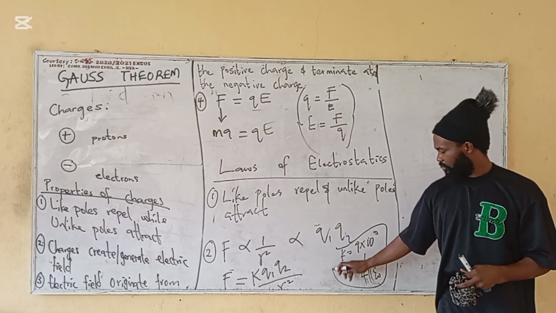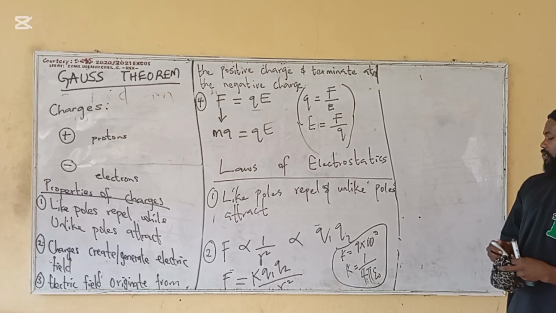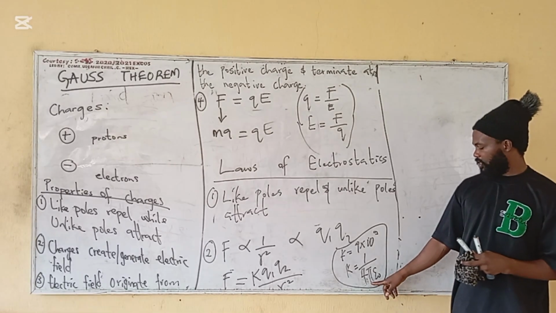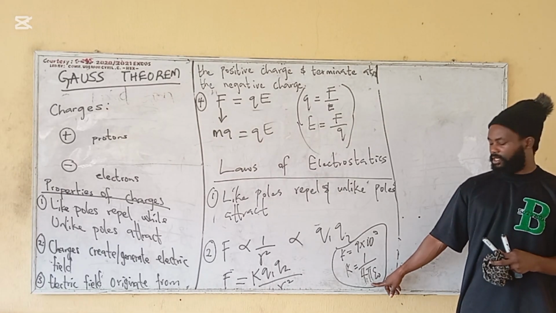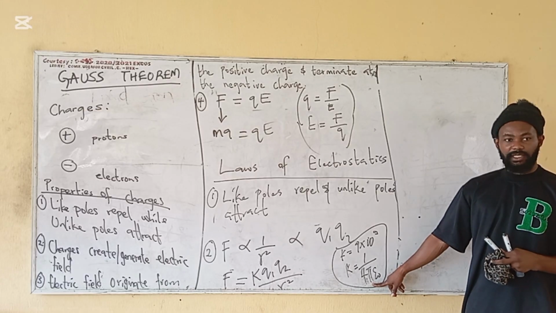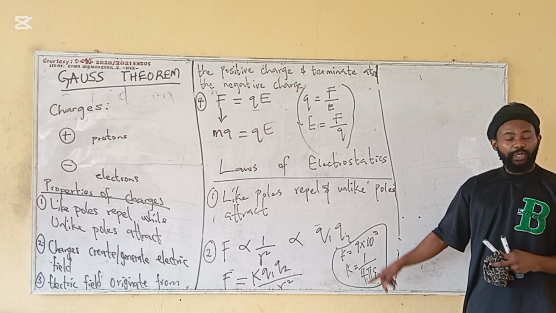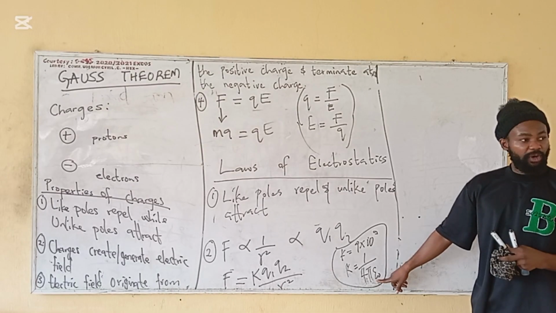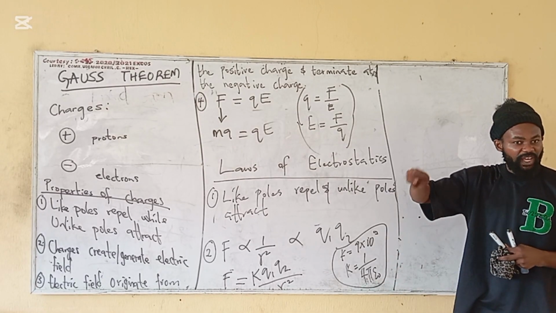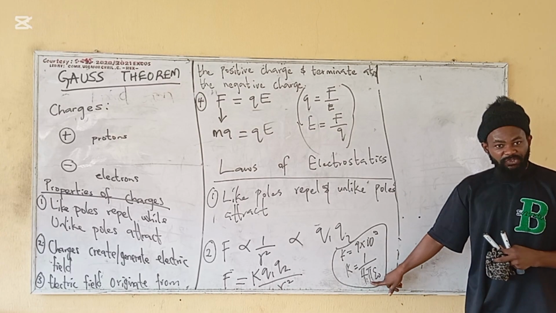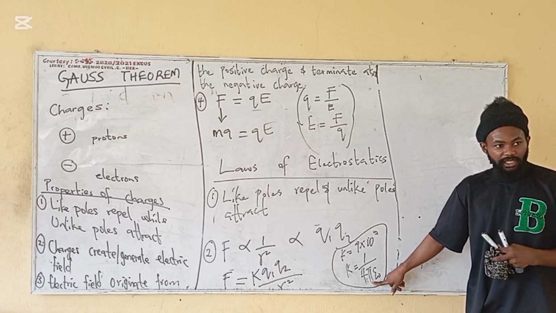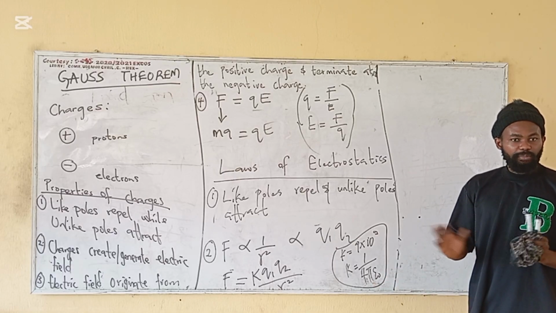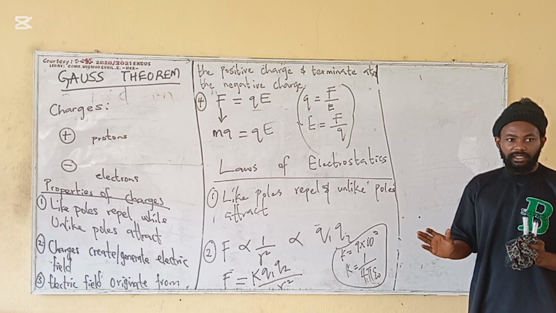Do you know why this 4 pi is here? From the formula, because of the proof that Gauss gave us, this is a point charge, and a point charge forms a sphere. The area of that sphere is this 4 pi that is here. Are you seeing it? So there is no need cramming it once you know it.